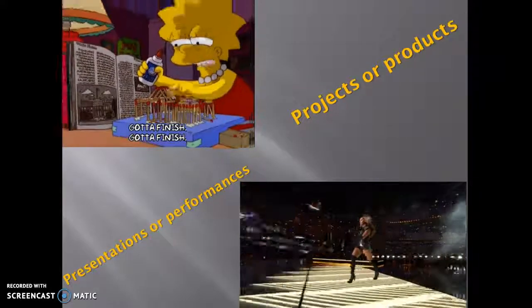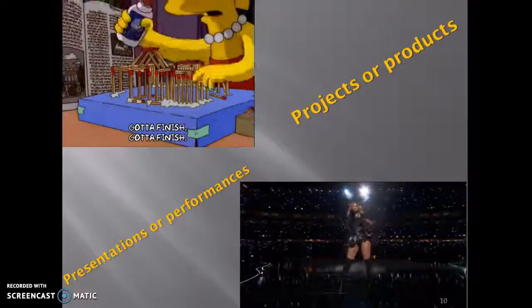What type of tasks can students be given, or what can they do with performance-based assessments? So performance-based assessments can come from projects, products, presentations, or performances. Some examples of the type of projects that you would give to the students are, but not limited to, products such as poster boards or collages.